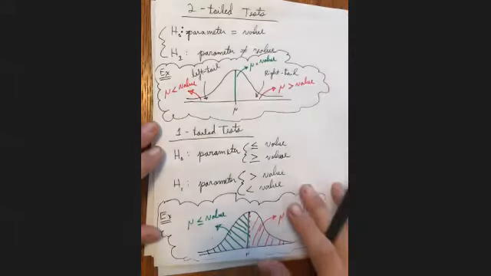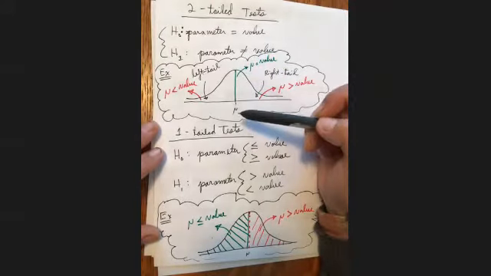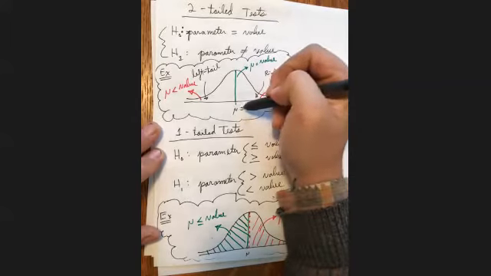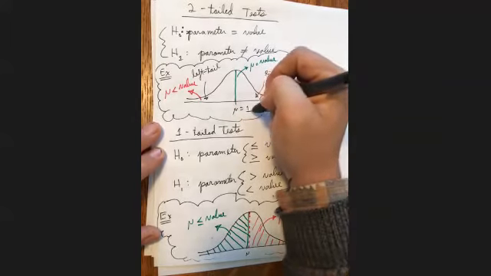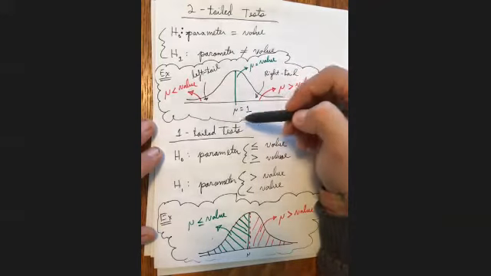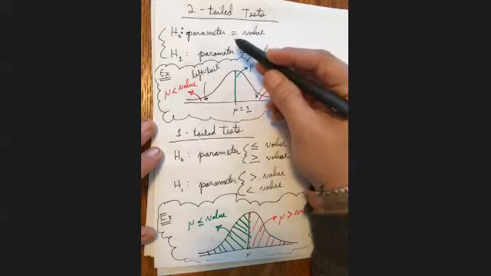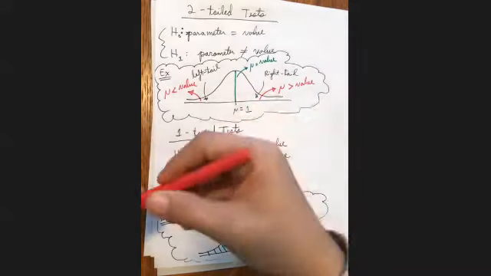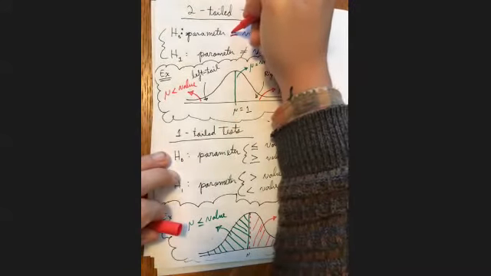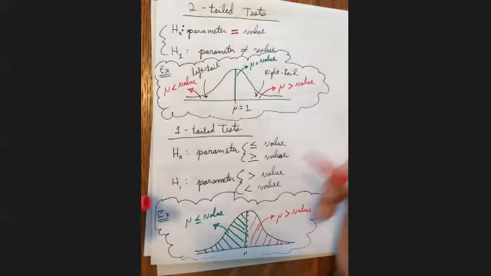So an example might be a researcher might say mu equals 1. Okay, this mu equals 1 would be the null hypothesis. It has equality. That equality is what the null hypothesis is all about.